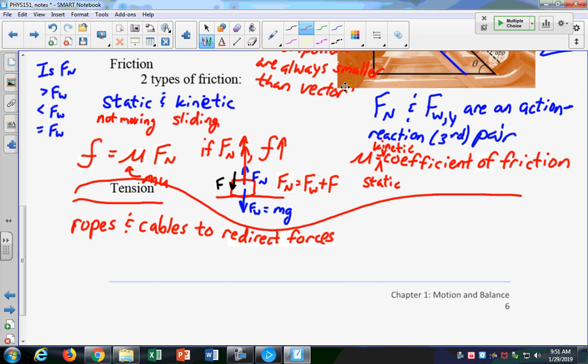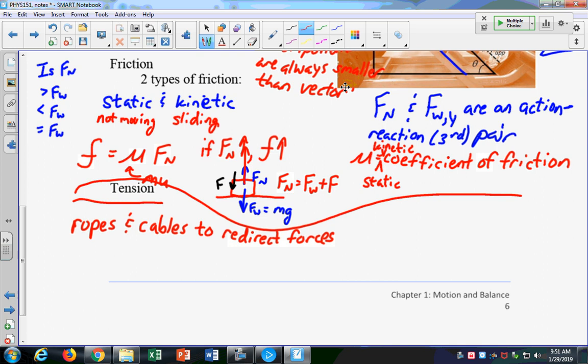And we talk about this because you have lots of ropes and cables in your body in the form of muscles and ligaments that redirect forces. They'll take a force that's maybe applied up here and make it applied down in this direction, or take a force that's applied here and redirect it so that you get motion in a different direction. And so we'll just think of tension in a way of redirecting forces. Tension is a little more complicated than that, but we'll just stick with that.